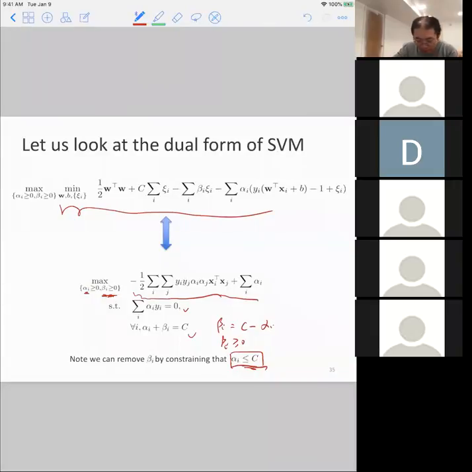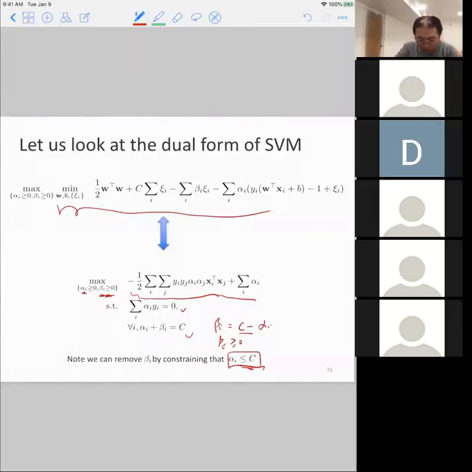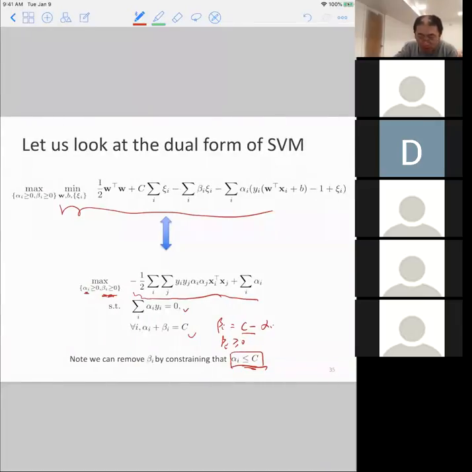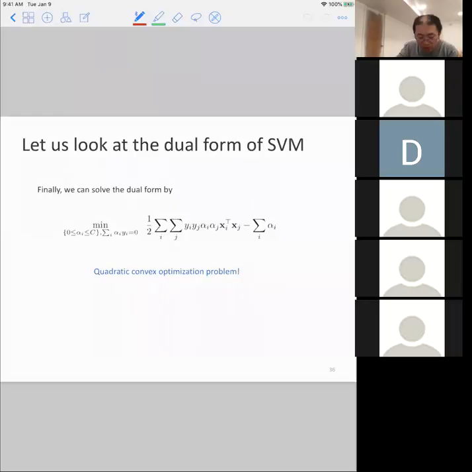As long as we have alpha_i between 0 and C, we automatically have a valid beta_i, because it is C minus alpha_i, which is no less than 0. Further, maximization is equivalent to minimization of the negative objective function, so for convenience we can simply flip the sign of the objective.